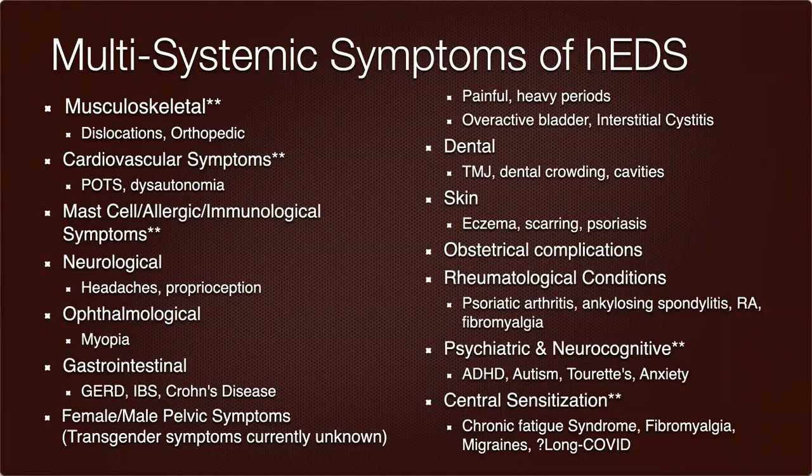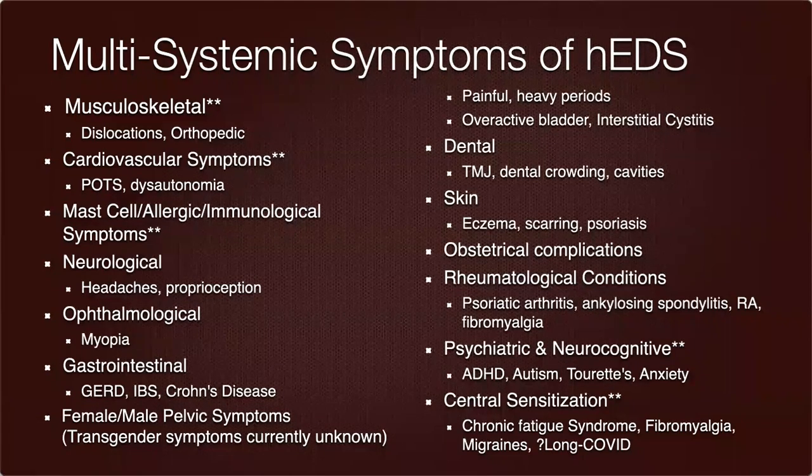The most common thing that puts people on the radar is the number of dislocations, orthopedic exams, sports med exams, and so on. But I've asked anyone with POTS or dysautonomia, especially if they've already been diagnosed with those, about flexibility, and it's very common. Complicated allergic reactions in multiple systems. Headaches are huge, including migraines and tension headaches.